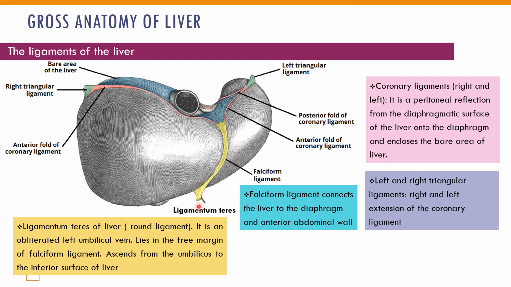It used to be the most important structure in the fetus, because it carries blood from the placenta to the fetus through this structure called the umbilical vein. So when the baby is born, this structure becomes obliterated. The remnant of this structure is known as the ligamentum teres. It's connected to the umbilicus inferiorly.